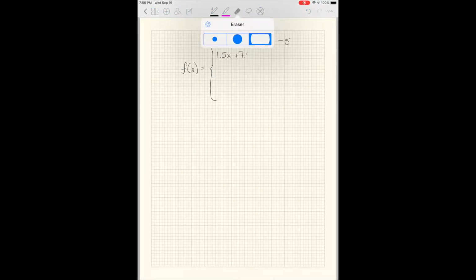that was a little bigger than I wanted it to be. All right, I'm going to rewrite that again. So 1.5x plus 7.5, and I will do that for x between -5 and -4. And then we're going to do 0 again for -4 all the way up to 2.